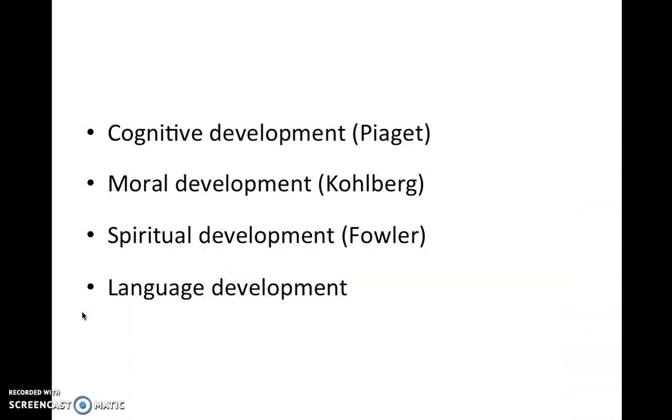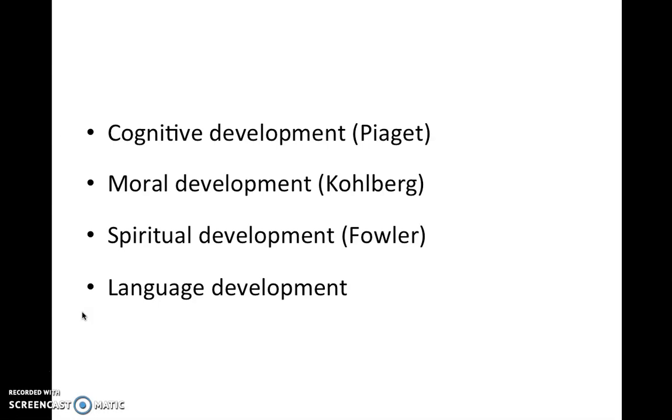There are three theories, and language development will also be assessed for the mental abilities of the individual. The first one is cognitive development, explained by Jean Piaget. Then the moral development theory by Kohlberg, and the spiritual development theory by Fowler.